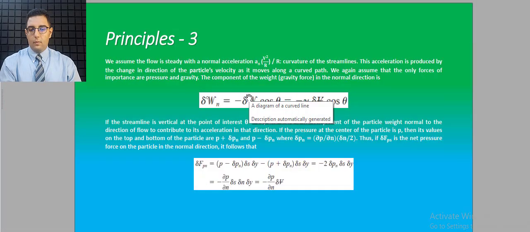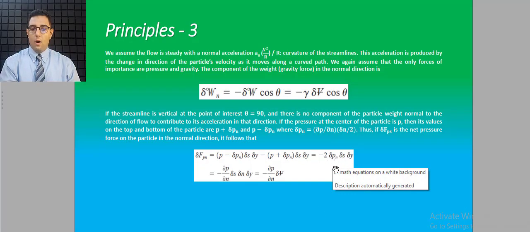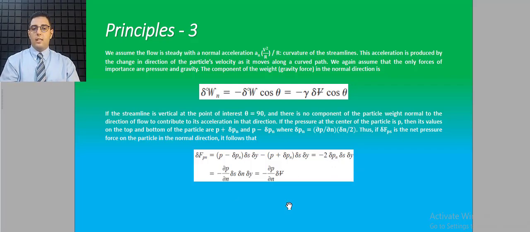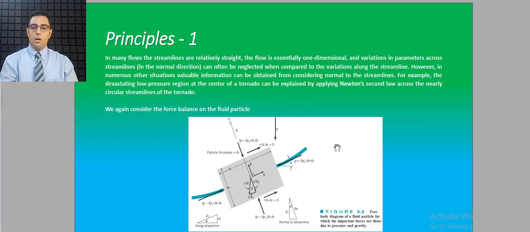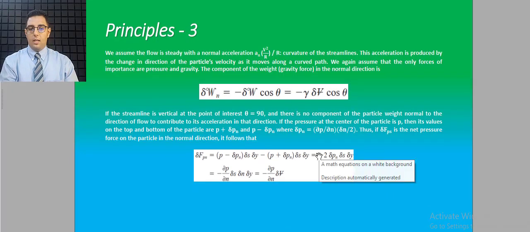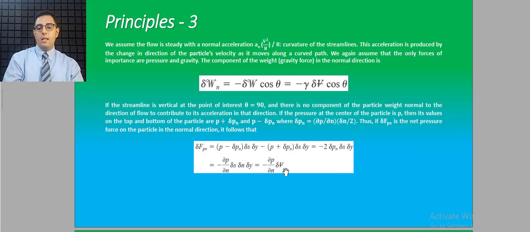So doing the whole calculation, we reach minus 2 delta Pn delta s delta y. Doing the Taylor expansion, we can identify delta Pn equal to partial P over partial n multiplied by delta n over 2, because we are considering the middle of the particle here. The half goes to this, the half goes to this. Applying delta Pn to this part, we have minus partial p over partial n delta V.